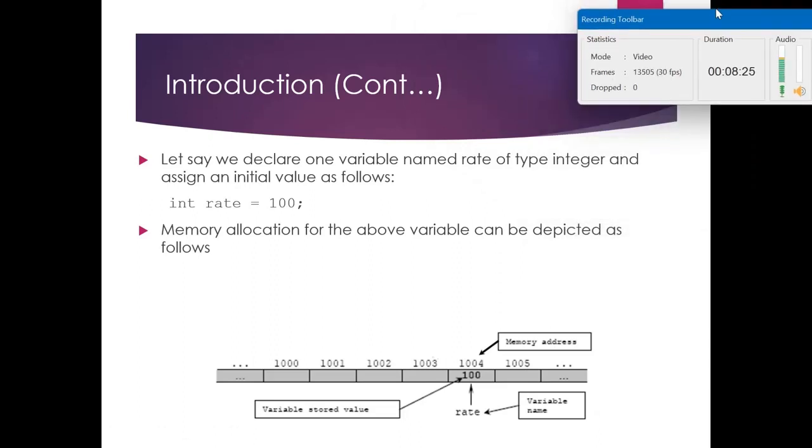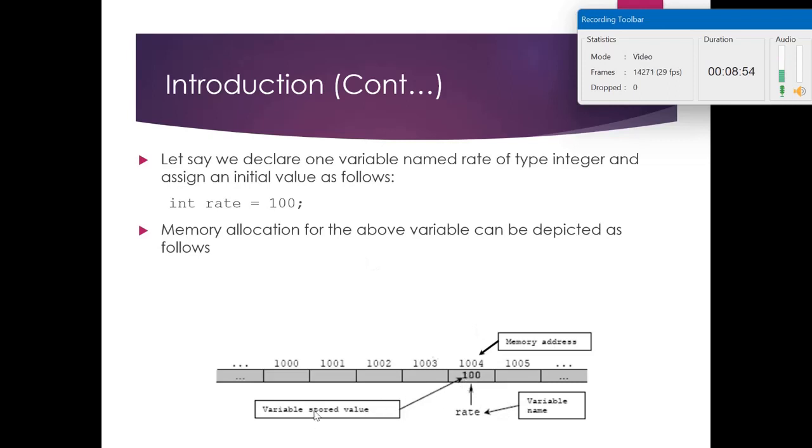Let's say we declare one variable named rate of type integer. This is the way we declare the variable: int is the data type, the variable name is rate, and the value assigned is 100. Memory allocation for the above variable can be depicted as follows. Here this is the location. You can see my screen.